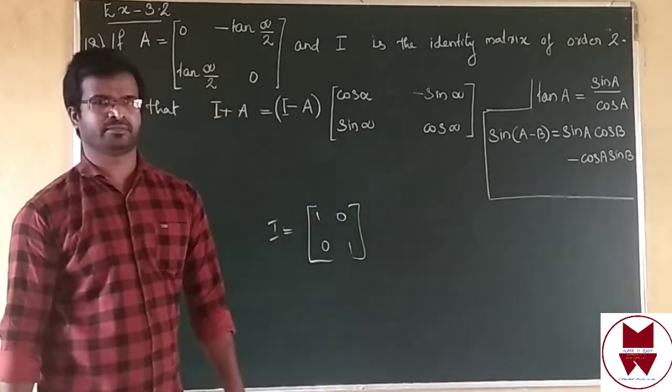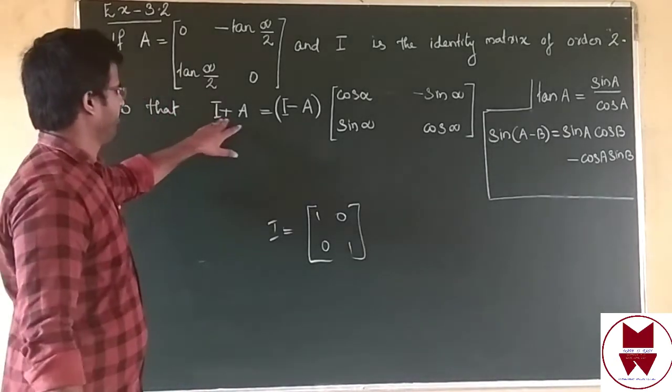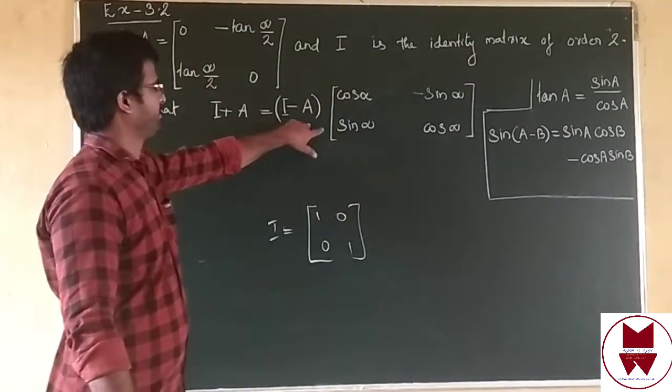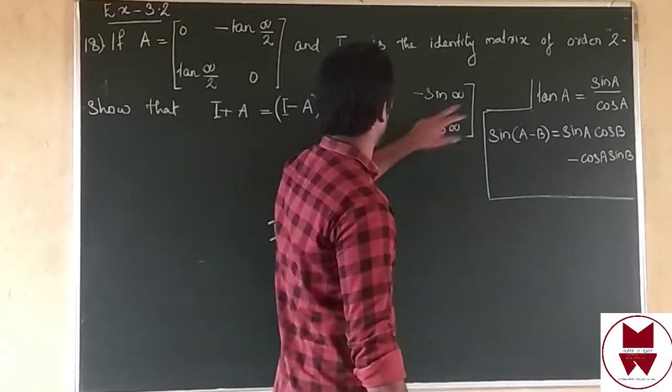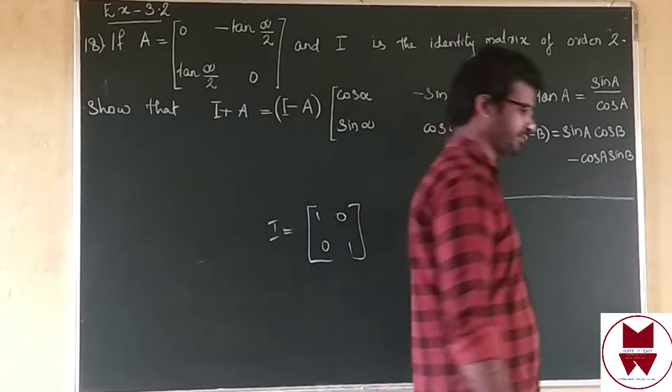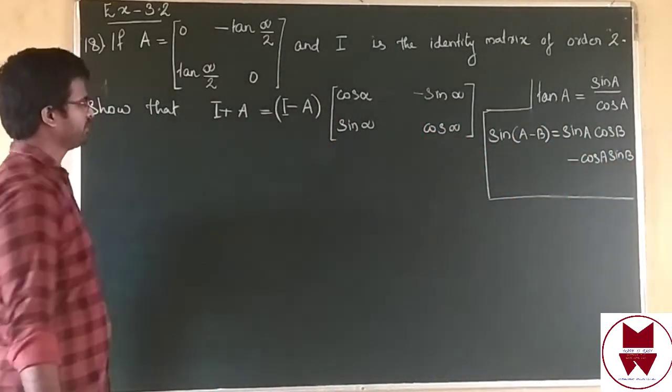This identity matrix we will use in this question. Then show that I plus A equals (I minus A) into the matrix [cos alpha, minus sin alpha; sin alpha, cos alpha]. We have to prove this given statement.